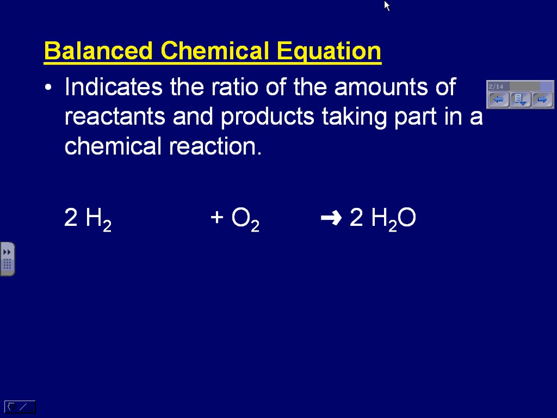We already know that if I'm looking at a balanced chemical equation like this one, the 2 represents the fact that 2 molecules of hydrogen are needed to react with 1 molecule of oxygen in order to produce 2 molecules of water.